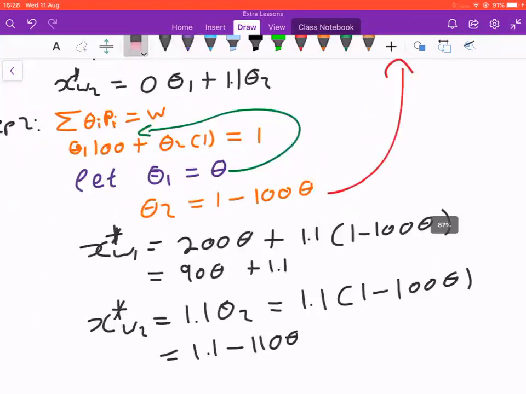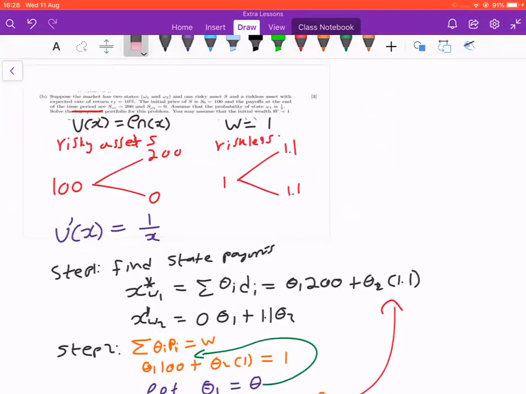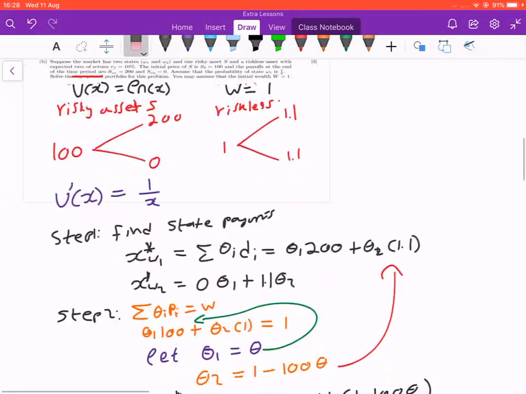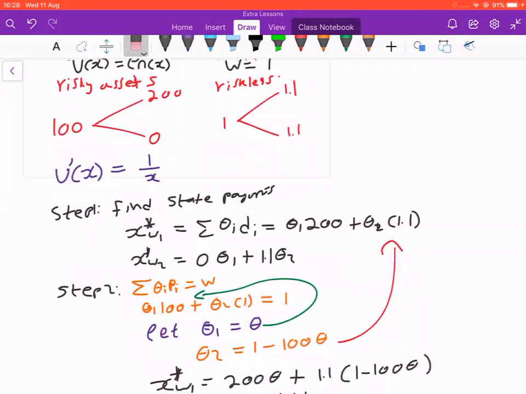So you said that you're going to say 100, I get 100 times theta 1. Let me just confirm what I'm saying. Yeah, you said 100 equals 200 theta 1, or am I just confused now? Yeah, 200 state 1, plus 1.1 state 2, right?